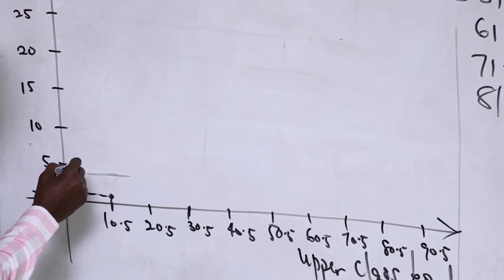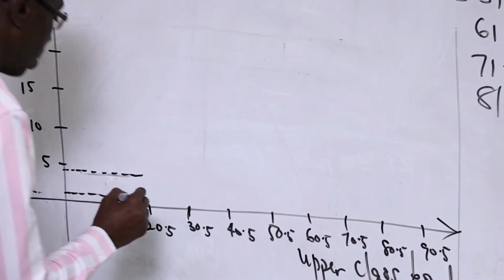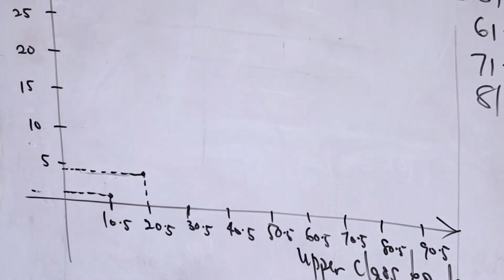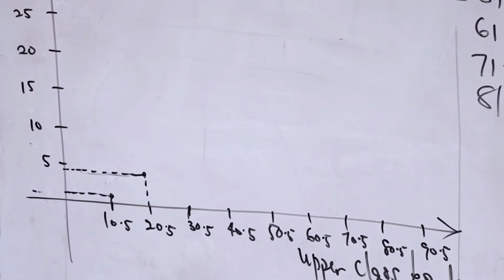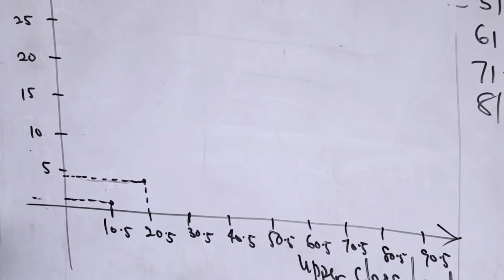Are we together? 2 O's down, and it will be landing on 20.5. Okay? The next one is 20.5 to 30.5, which is 9. 9 is 2 O's down from 10.